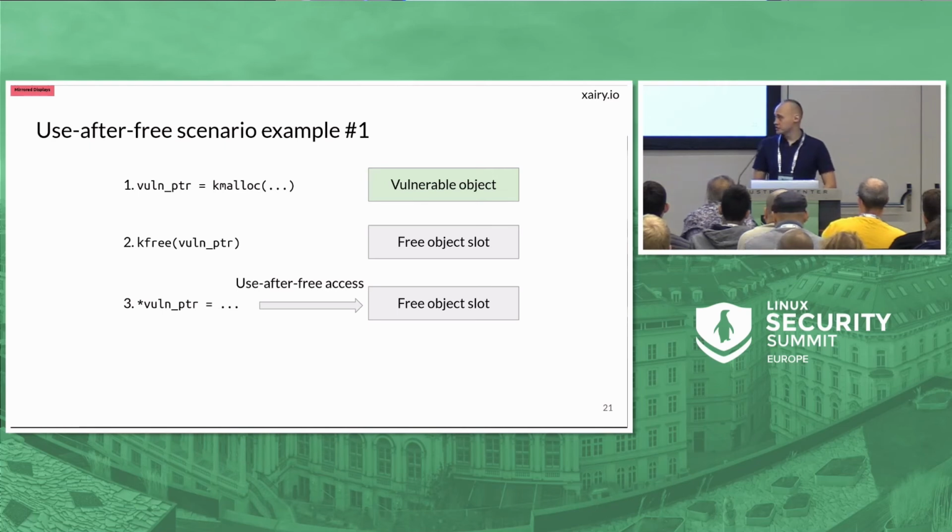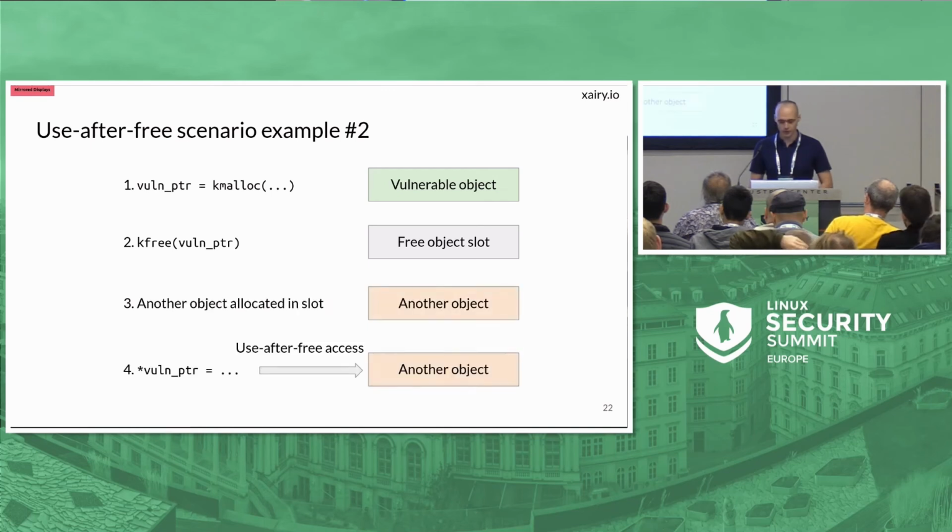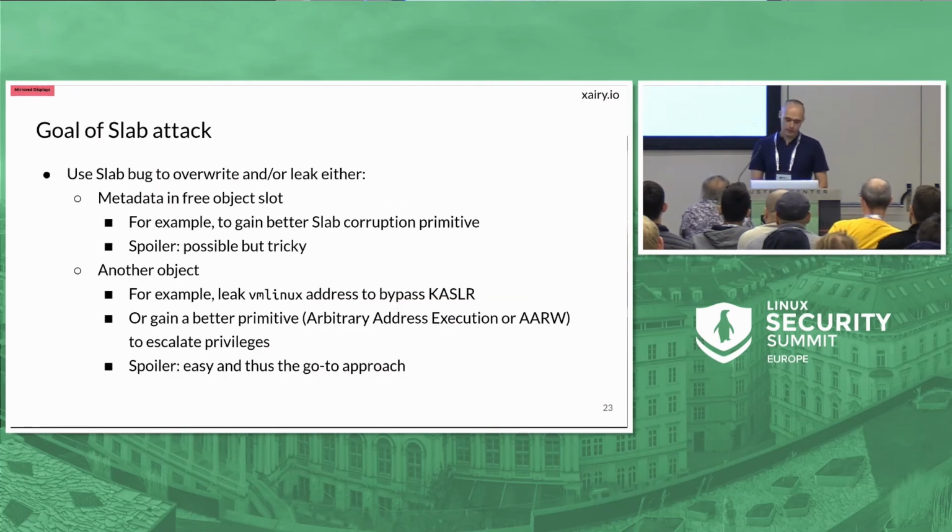In this case, if nothing else was allocated in the same slot, the kernel accesses a free slot, but it might be that the kernel allocates another object in the same slot, and in this case the access lands in another object. So these are just typical scenarios that might happen.